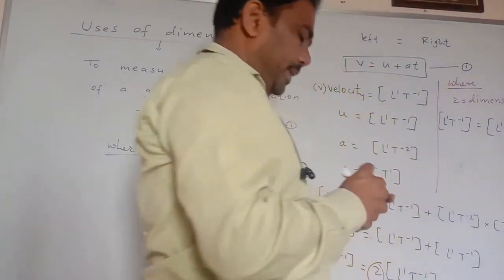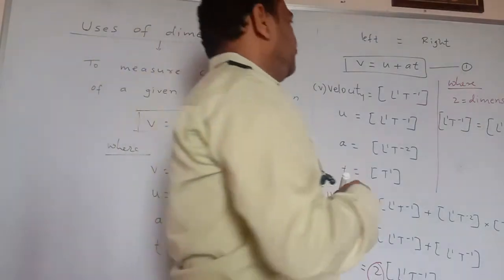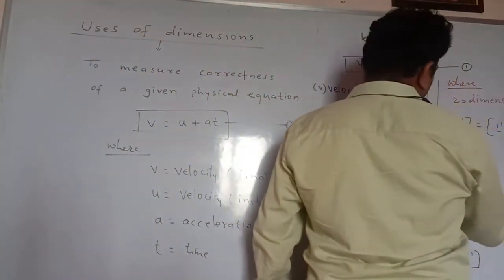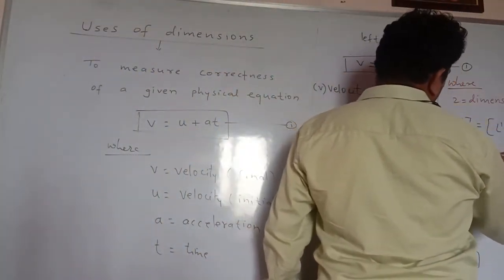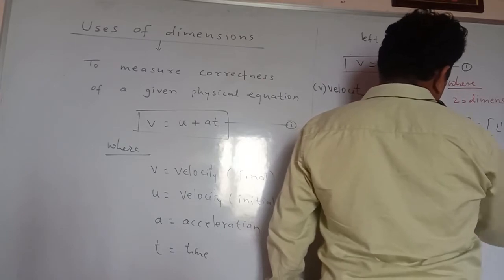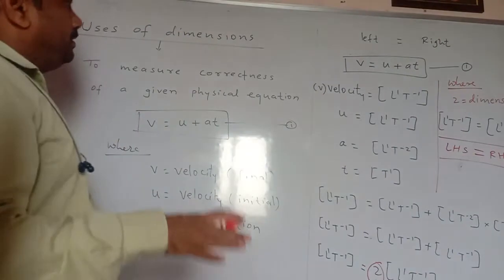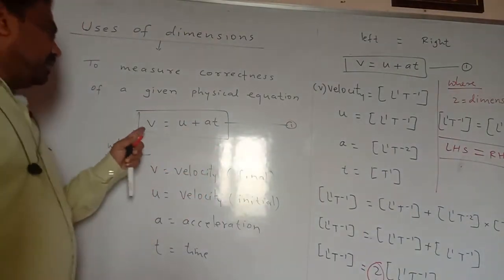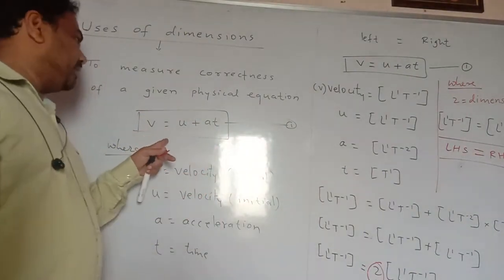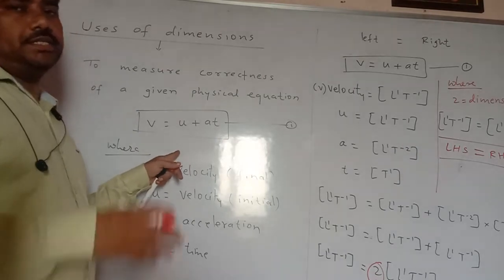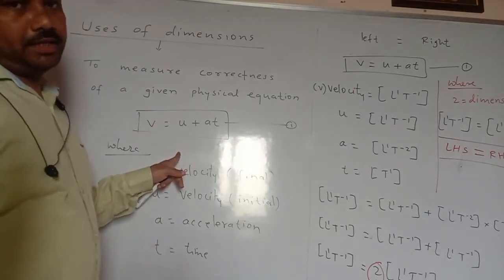So we can conclude that LHS is exactly equal to RHS. If this condition is satisfied, then and only then can we say that the given equation, V is equal to U plus AT, is dimensionally correct.